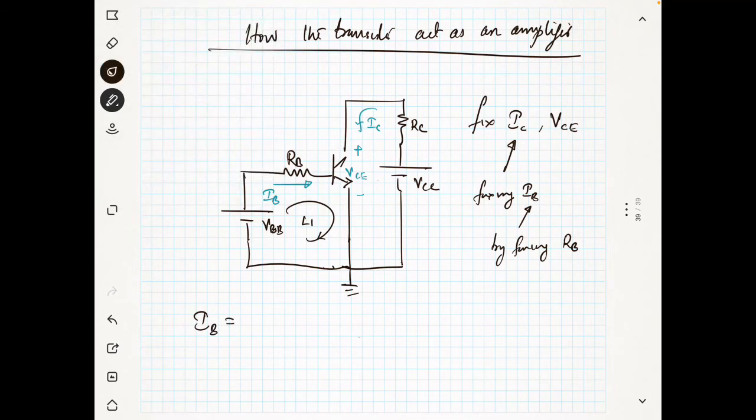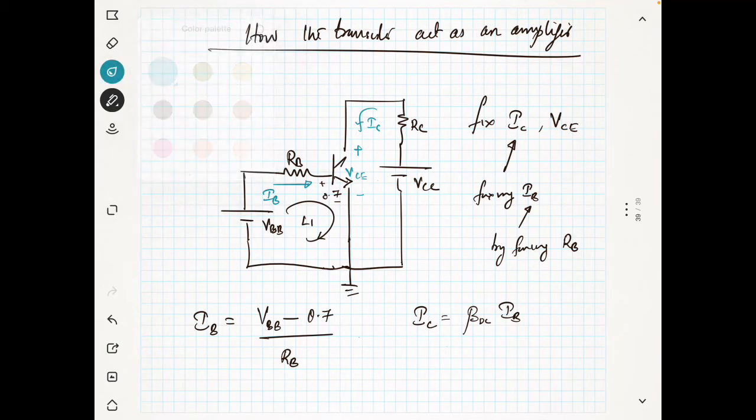What is IB here? We have already seen IB is equal to VBB minus 0.7, because this voltage is 0.7, divided by RB. And IC is equal to beta DC times IB.